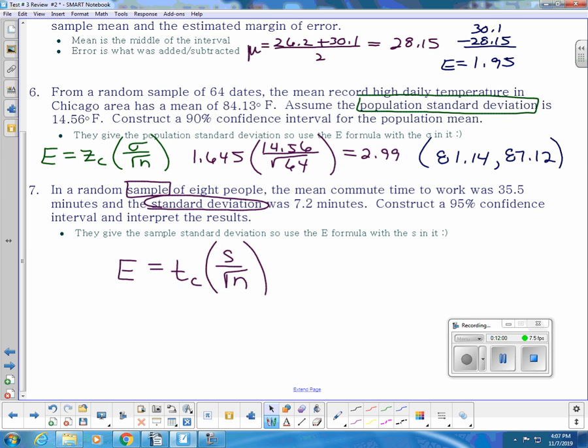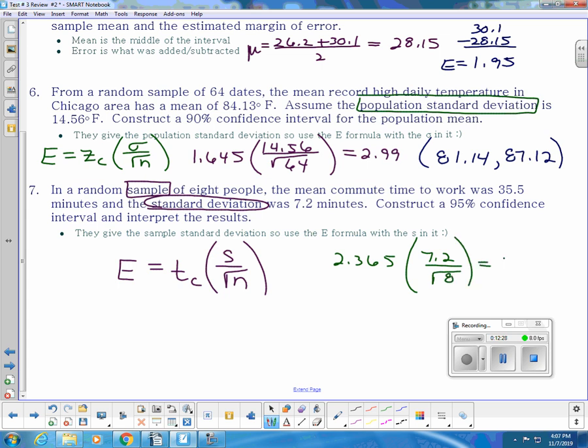Okay. So when you're looking at that, the degree of freedom 7 and the confidence level is 0.95, you've got 2.365. The sample deviation was 7.2 divided by the square root of 8.